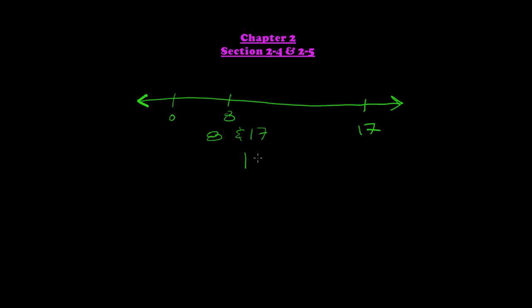That is the absolute value of 17 minus 8, which is 9. Or if we had 8 minus 17, the absolute value of negative 9, which is 9. So this is example number 1. I think that's relatively easy for you to figure out.